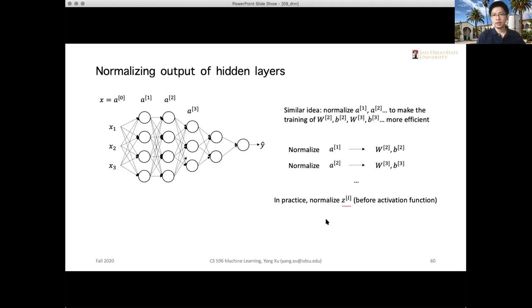In practice, we're not normalizing the activations, but the z's before we feed them into the activation function, right? In each neuron, we have the left half, which computes the z, and the right half, which computes the a. So we basically normalize the z's in practice, and this was first proposed by Ioffe and Szegedy in 2015, which is called batch norm.